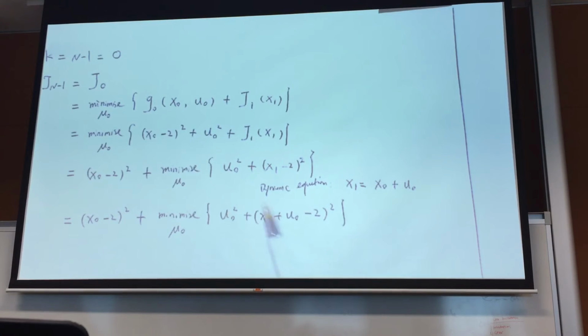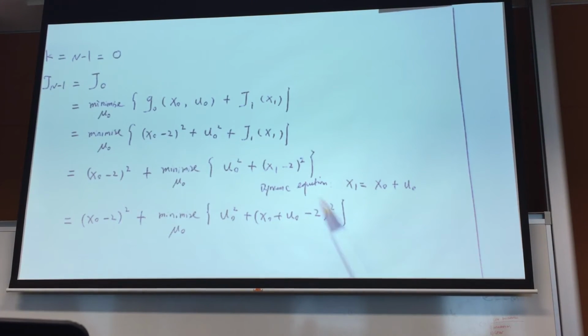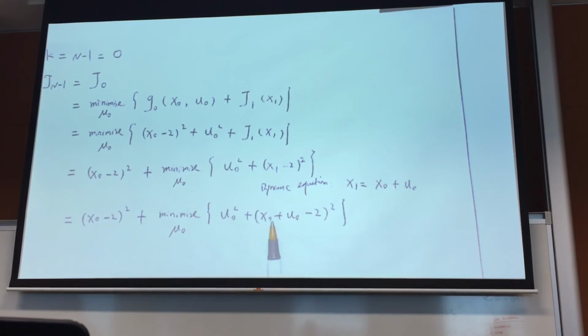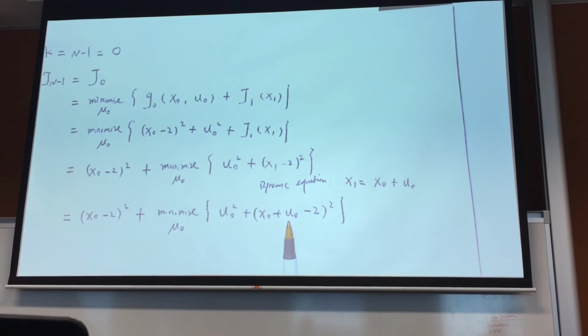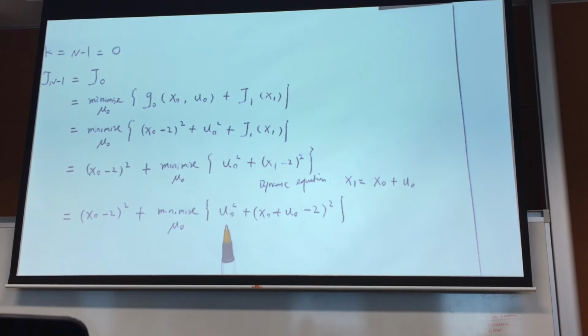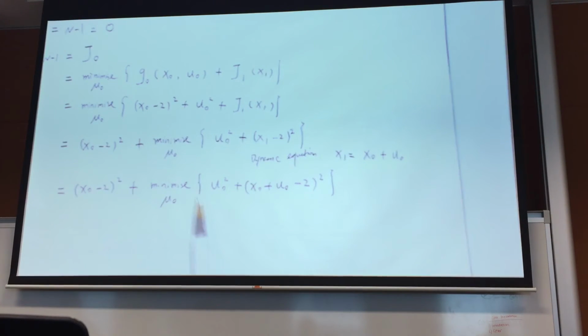So how to solve this problem, or how to solve the general problem like this? We only have one input, u0 in this case. So this problem actually becomes an unconstrained optimization problem.